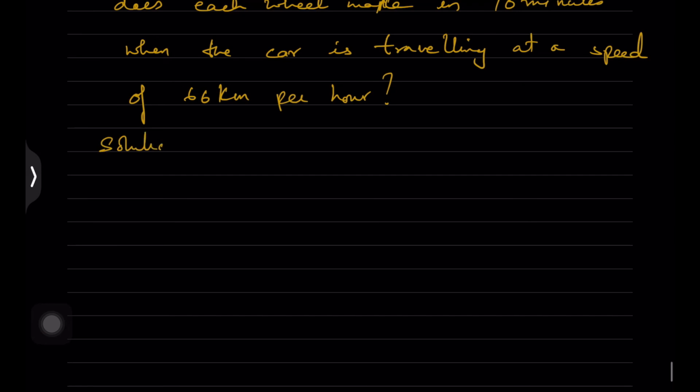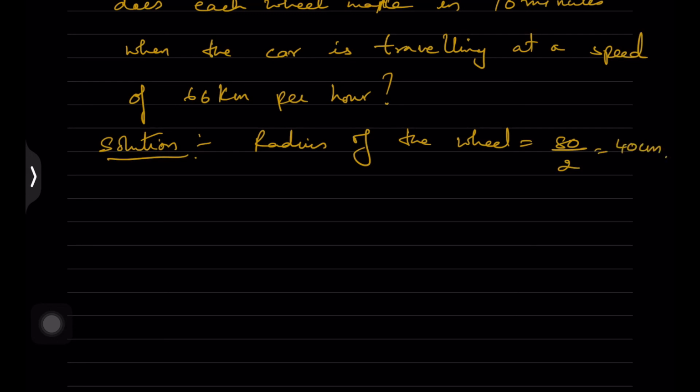So now here what is given in this question? The diameter of the wheel is given, and he is asking how many revolutions each wheel makes in 10 minutes. So we will first find out the distance travelled in one revolution, that is 2 pi r. Then we take the speed of the car, then the distance covered by the car in 1 minute, then the distance covered in 10 minutes, and then we calculate the number of complete revolutions. So the radius of the wheel is equal to 80 by 2, because diameter is 80, which is equal to 40 centimeters.